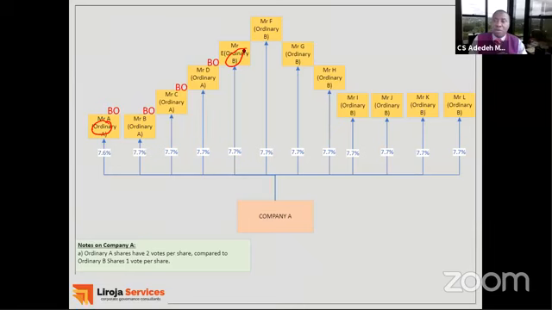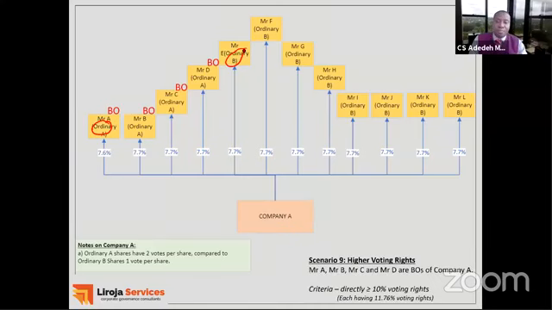And the applicable criteria is criteria 2, more than 10% voting rights, in this case, directly. So recalculating percentages for voting, you realize they each control 11.76% of the voting rights in the company.